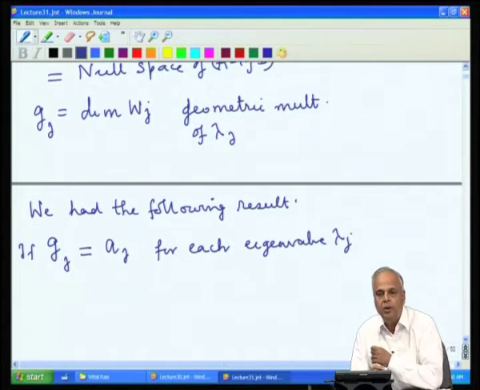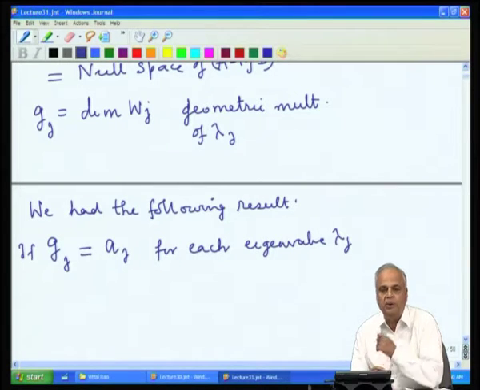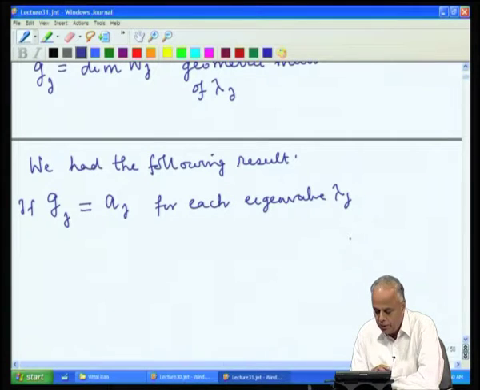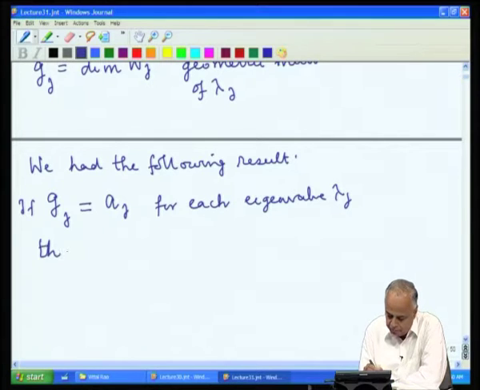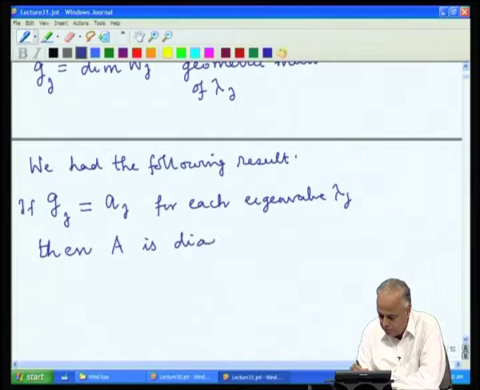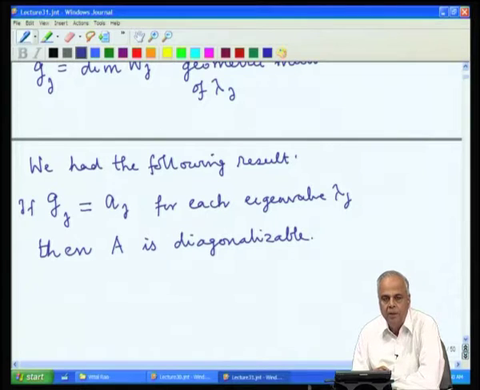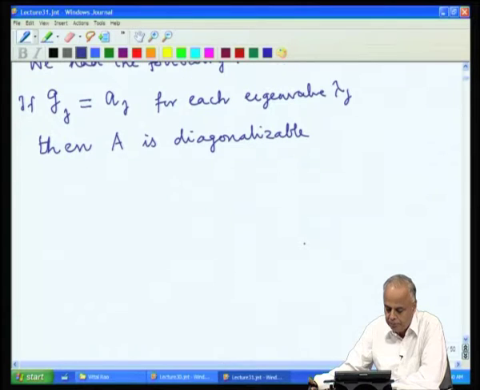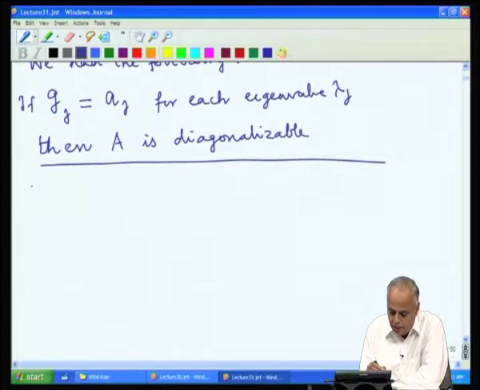So, it is not that g 1 equal to a 1 or g 2 equal to a 2; for each j, g j must be equal to a j. For if g j equals a j for each eigenvalue lambda j, then A is diagonalizable, and we found that the diagonalizing matrix P was made up of all eigenvectors along its columns.